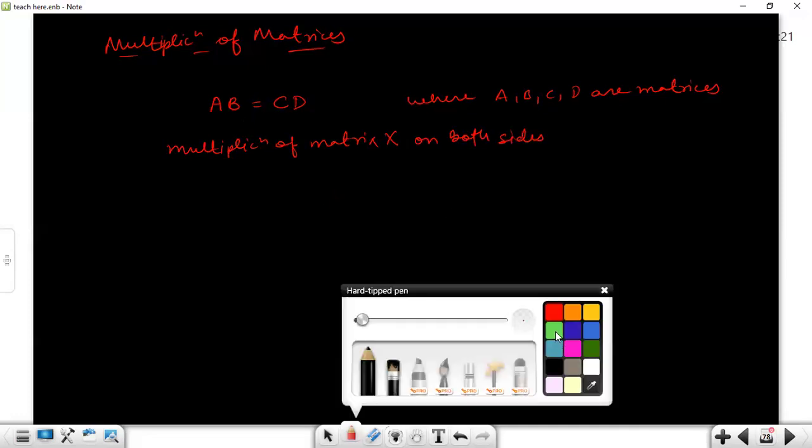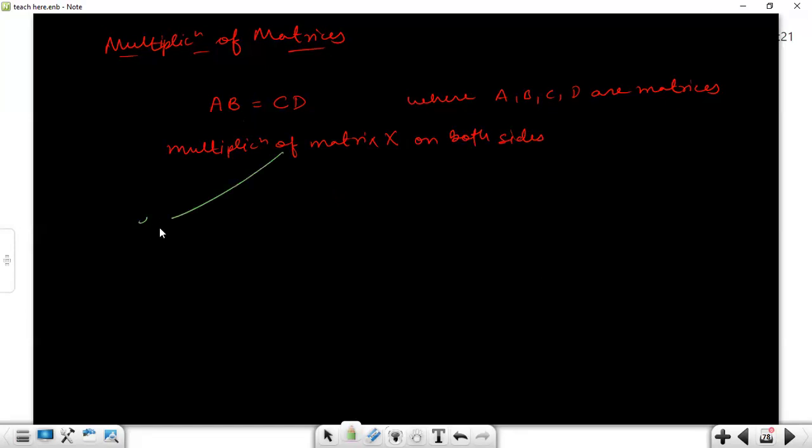One is we can pre-multiply it. Pre-multiply means we'll multiply X pre the left hand side and pre the right hand side. Or we can post multiply: we'll multiply AB post X, CD post X.